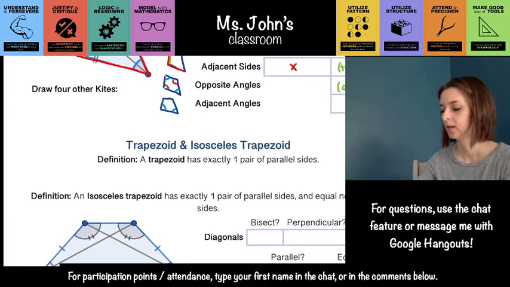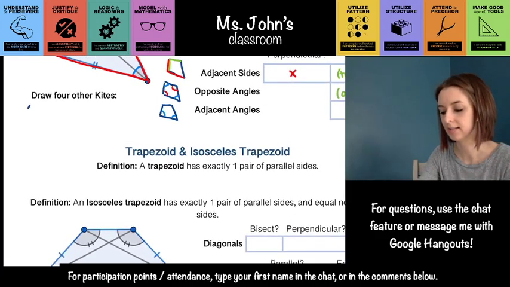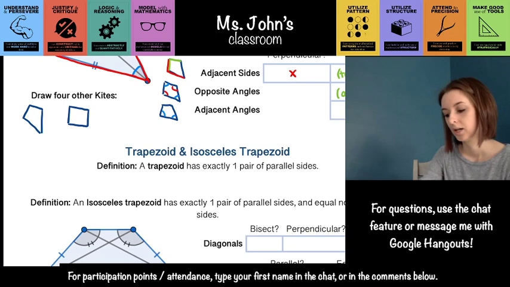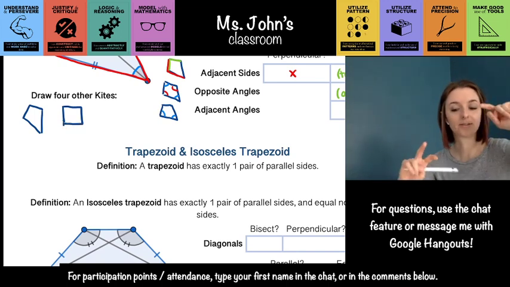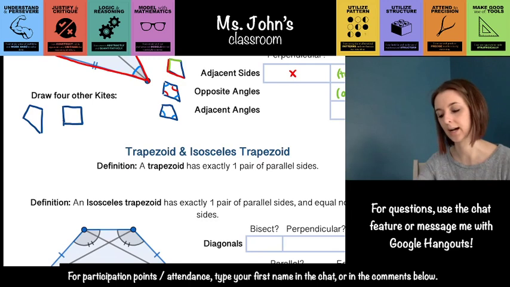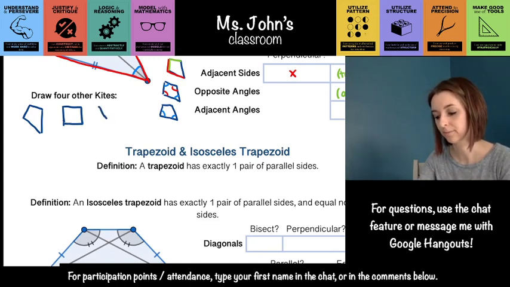Okay, I'm going to really quickly draw four other kites. I'm sorry that this is going way longer than I thought it would, but here's a thought. A square counts as a kite because it has two pairs of adjacent equal sides. So do rhombuses.